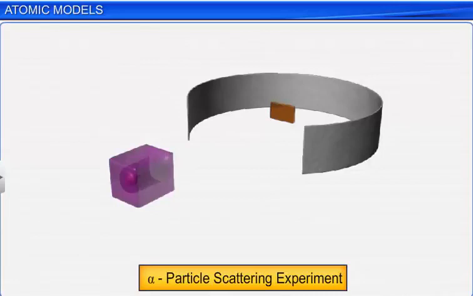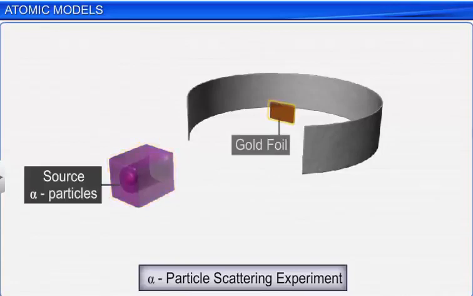In this experiment, a stream of high-energy alpha particles from a radioactive source was bombarded on a very thin gold foil. The thin gold foil had a circular fluorescent zinc sulfide screen around it.